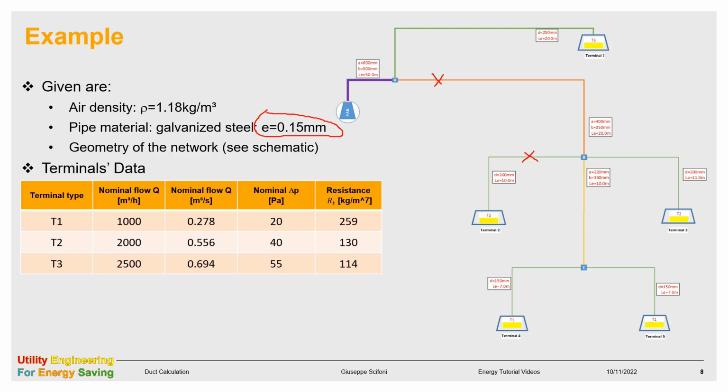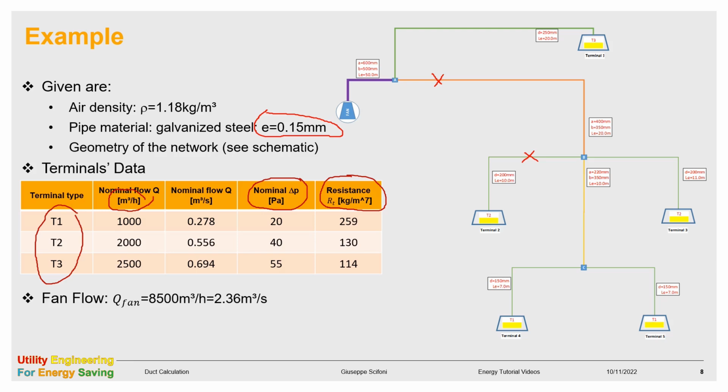We have three types, T1, T2 and T3, and for each of them we know the flow rate in cubic meter per hour and the nominal delta P. From them we can calculate the hydraulic resistance, that is the ratio between the delta P and the nominal flow squared.